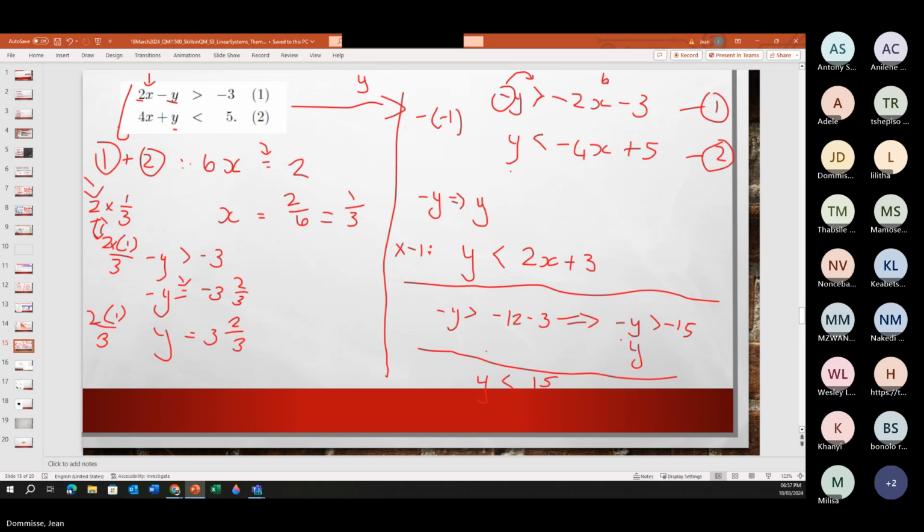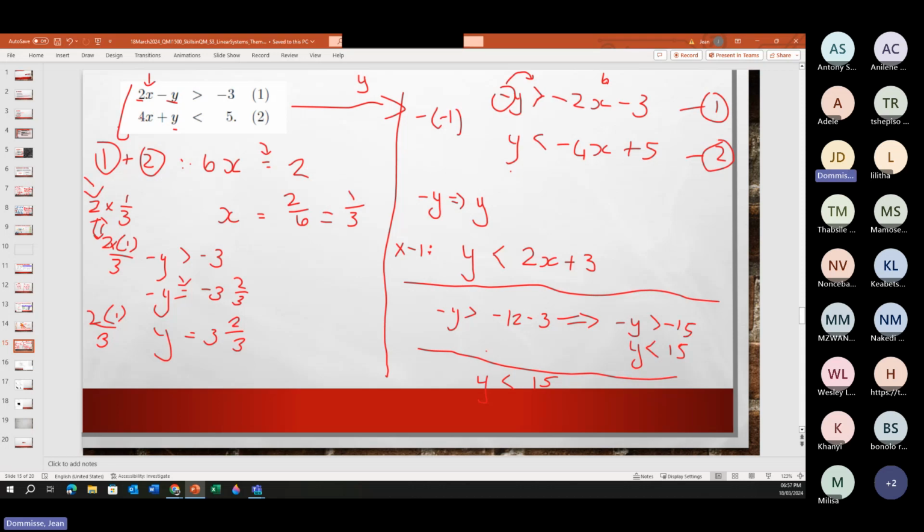So if we divide by -1 on both sides, we need to change the sign as well. This is the only time where you would change the inequality: if you change -y to +y.